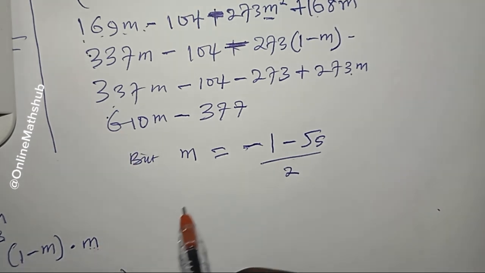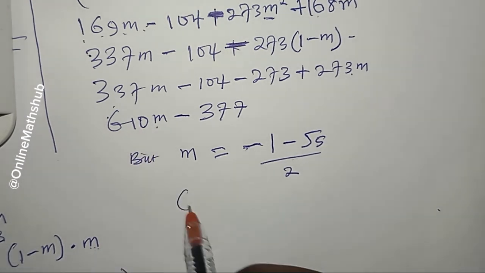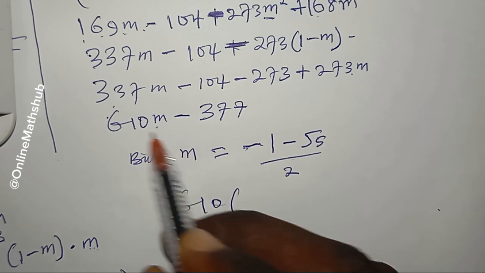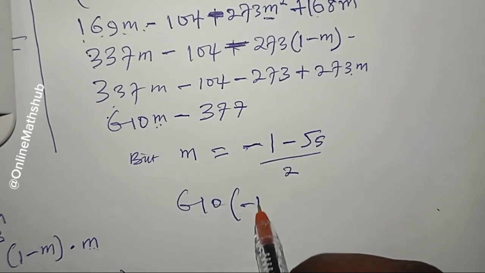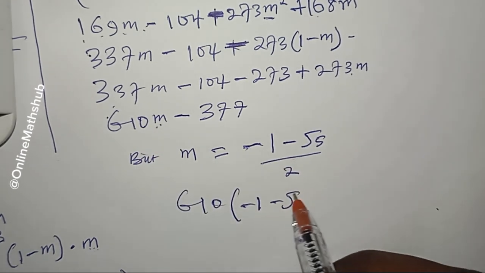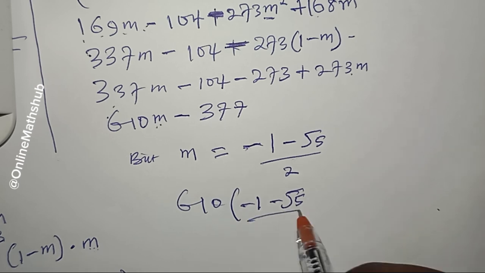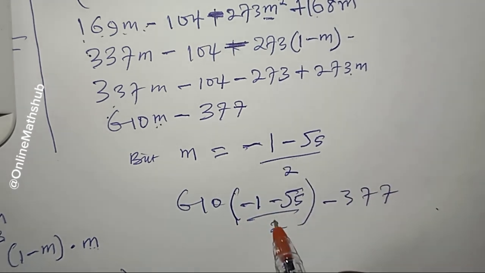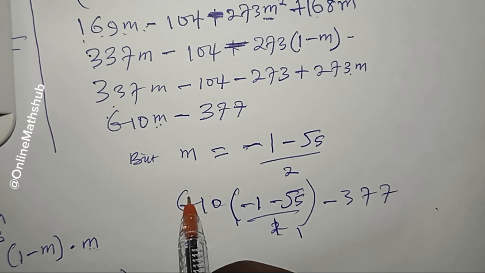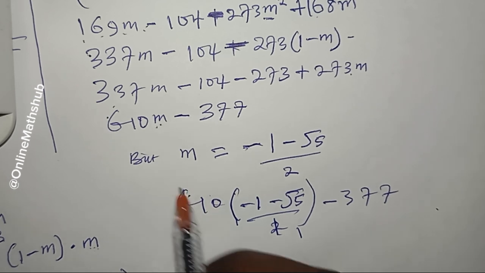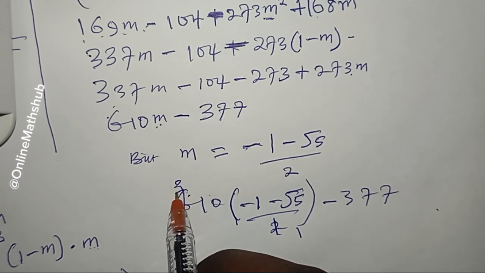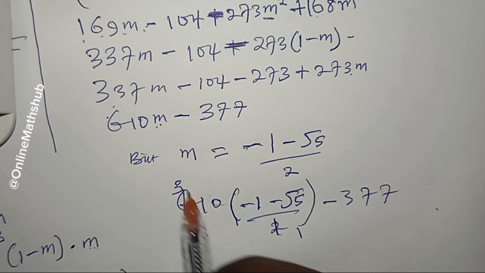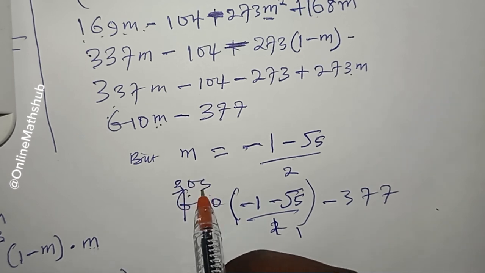Okay, so doing that, if I put that right here, so I have 610. Instead of m, I'm going to write this minus 1 minus root 5 divided by 2 minus 377. So 2 divides itself, and then 2 divides 610 here, we have 305.